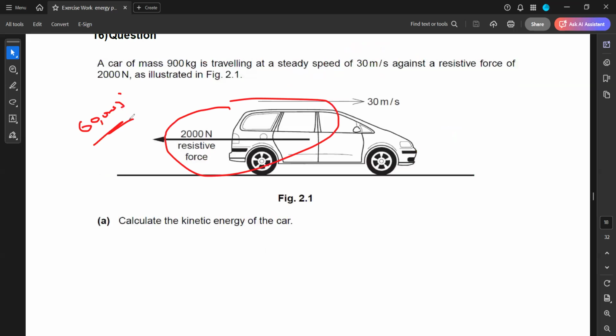So how much energy every second does the engine have to produce to maintain a constant speed? The minimum energy it has to generate is 60,000 joules every second.